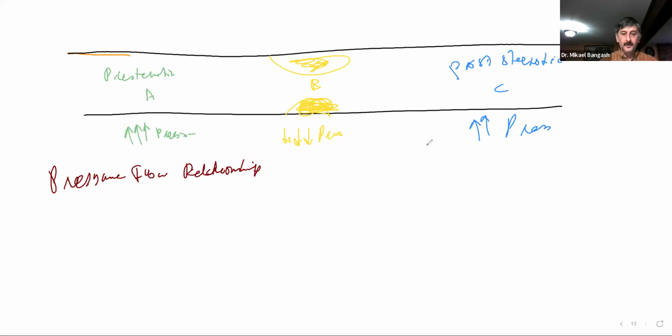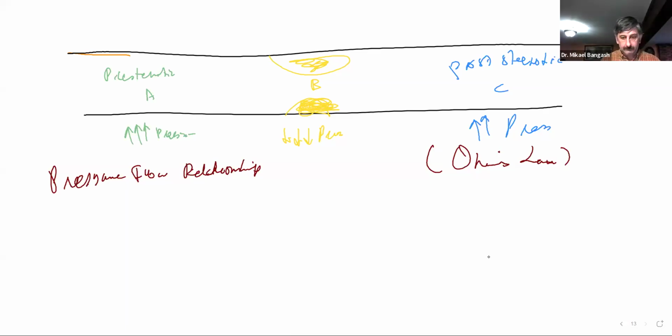Now, if you look at your book, they talk about something which is Ohm's law. I don't really know why they put Ohm's law there. But what Ohm's law is, mainly, is the same pressure to flow relationship, but when talking about electricity. Clear? So you can just omit that one.